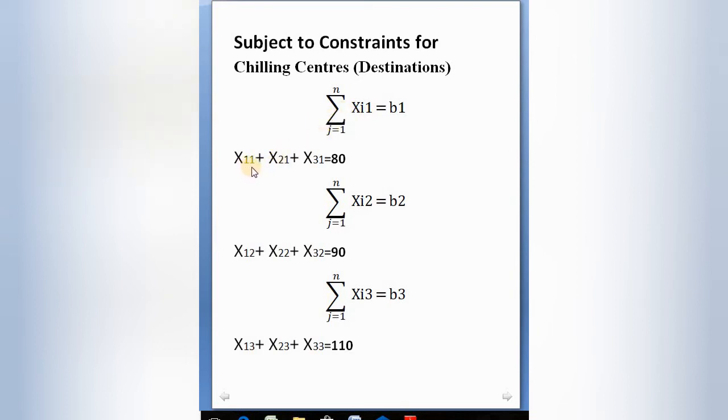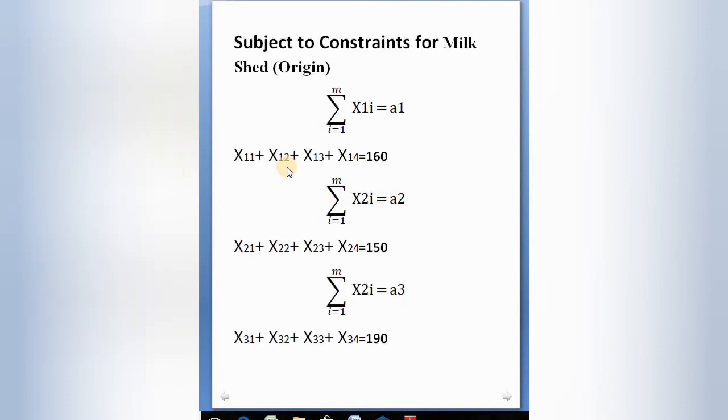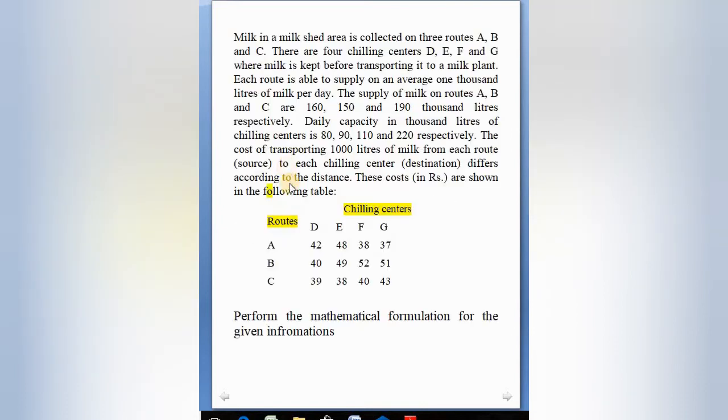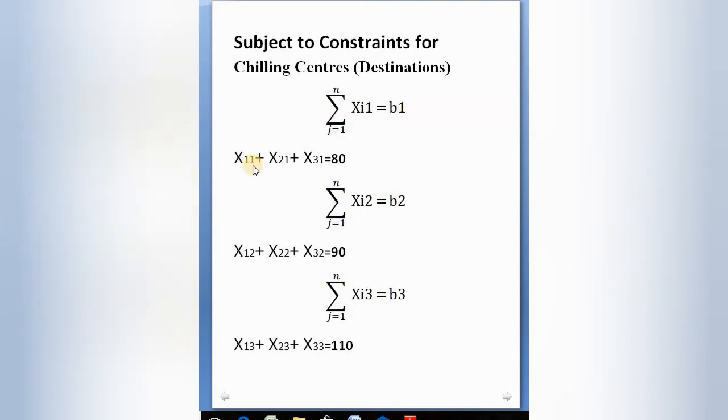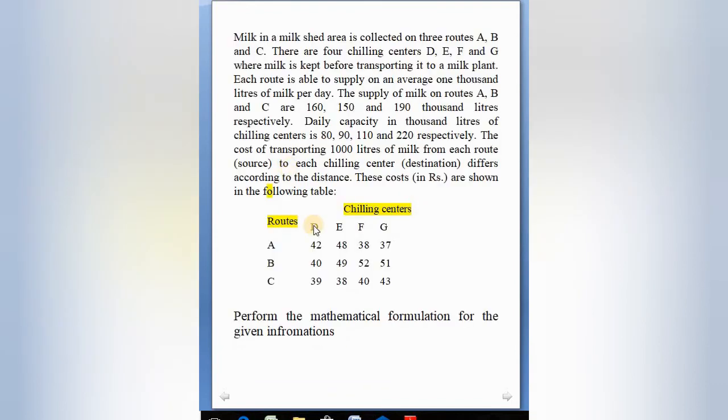I will tell you how x11 works. x11 means from route A to destination 1, and x21 means from route B to destination 1. Earlier x11, x21, and now x31 from route C to destination 1.